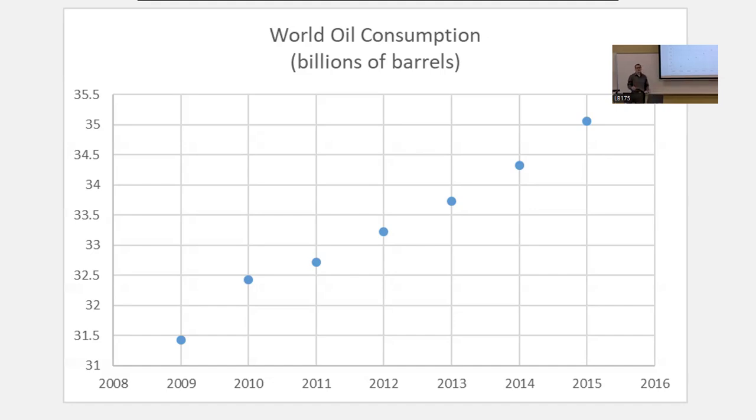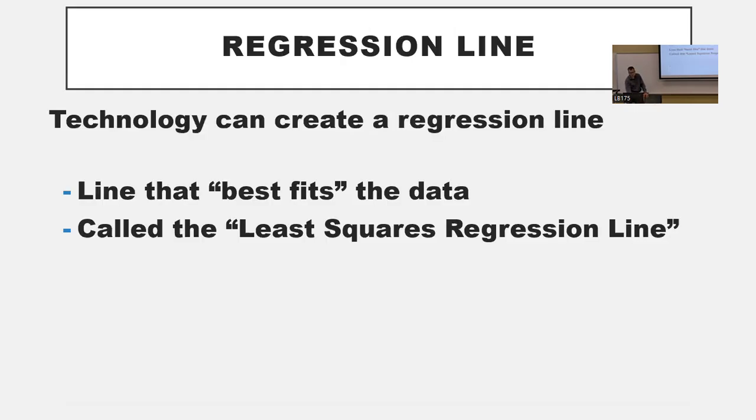So our goal is to create a line that best fits the data so that we're off by as little as possible on as many points as possible. And that's the least squares regression line.